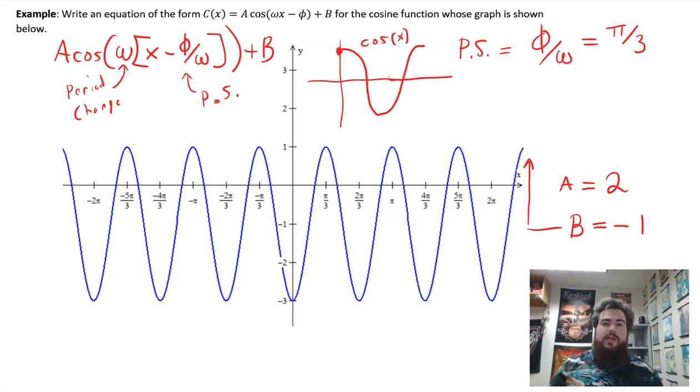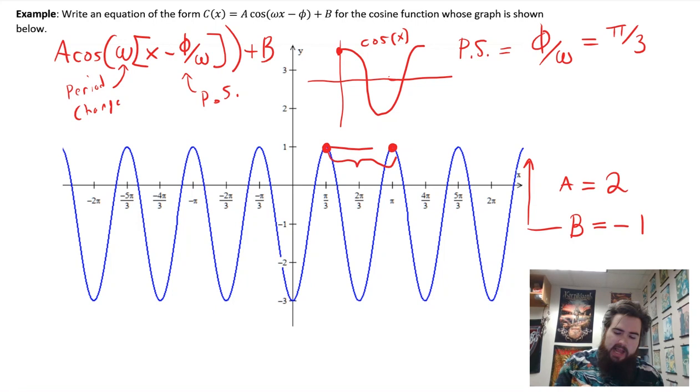I usually suggest to just read either from a peak to a peak or a trough to a trough, and if necessary, maybe somewhere along the midline to somewhere else along the midline. In most circumstances, though, you can typically just see how long it takes to get from one peak to the next. That distance from one peak to the next is going to be your period.